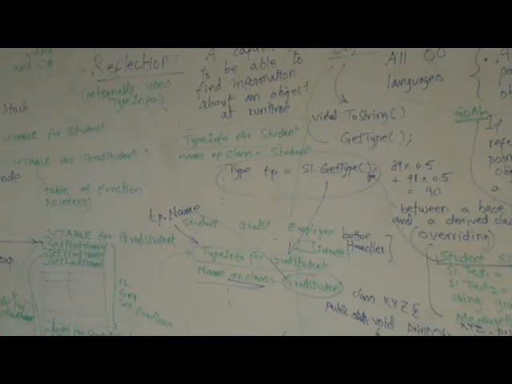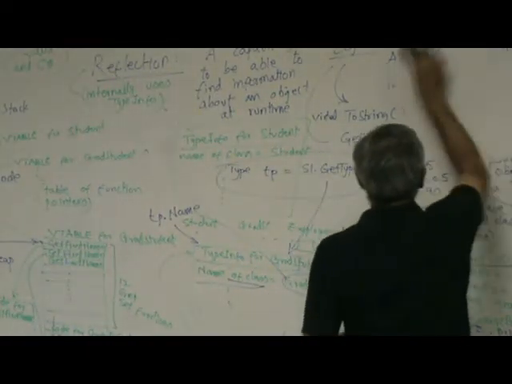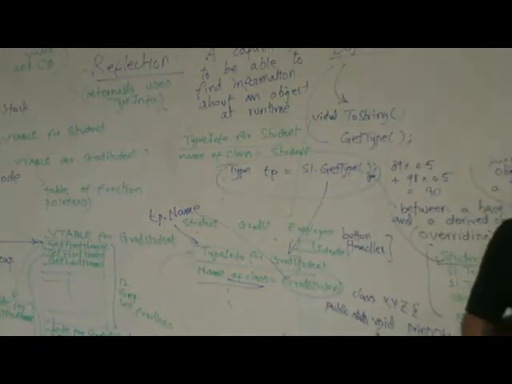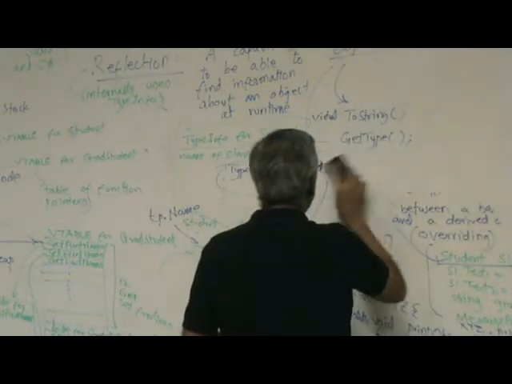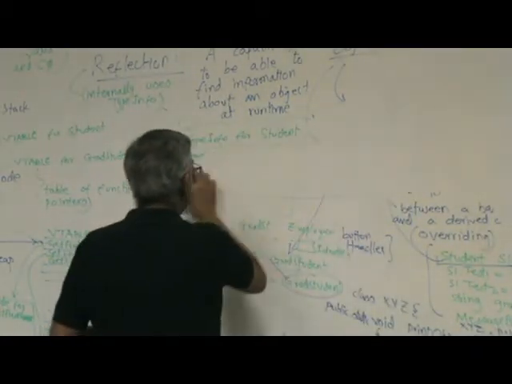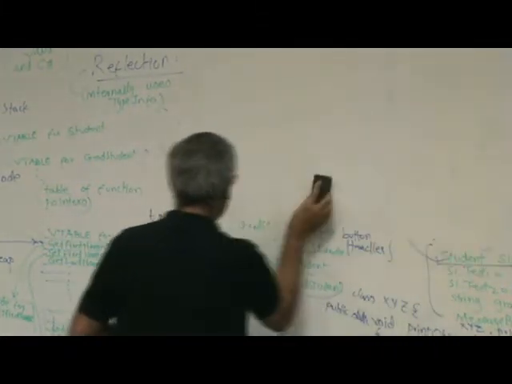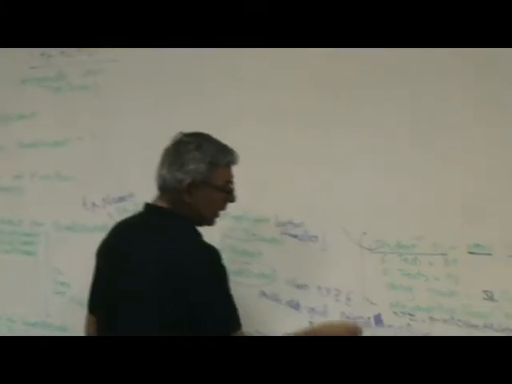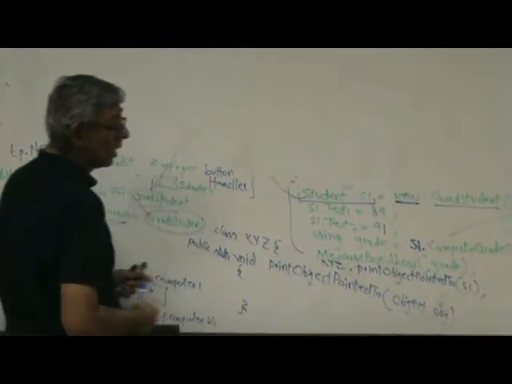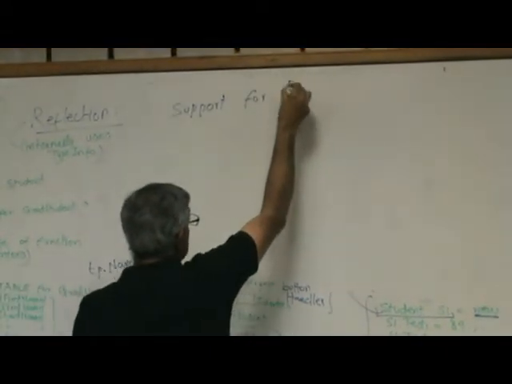Okay, so now let's come back to our polymorphism, and let me show you how reflection can also be used to support polymorphism. Anytime we write code like this, and through s1 we are calling computeGrade. Okay, so anyway, first let me go over support for polymorphism.